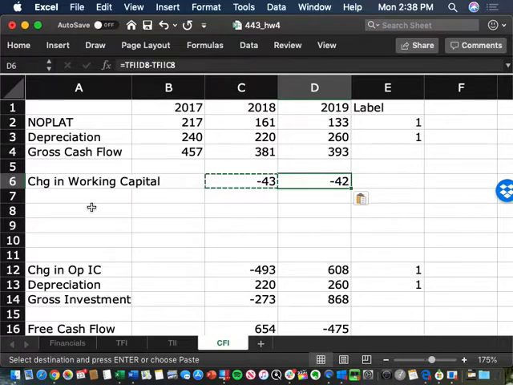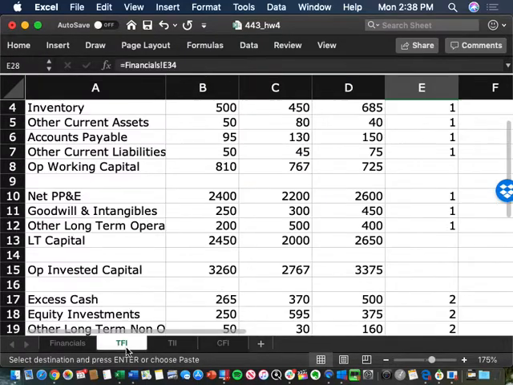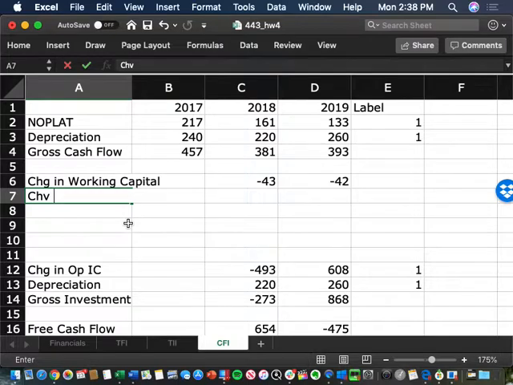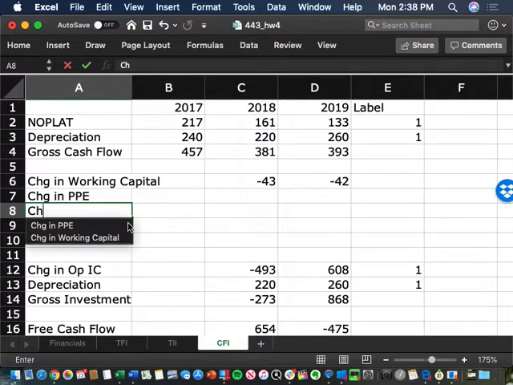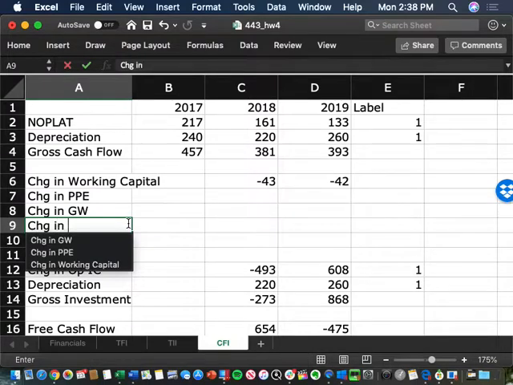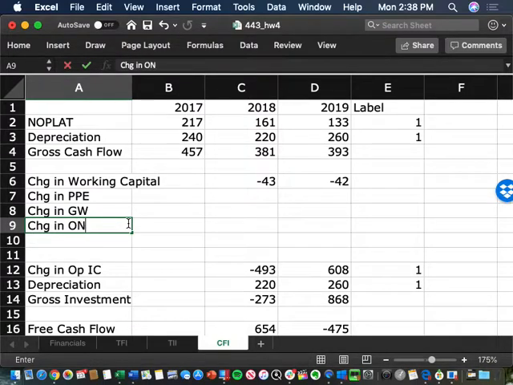Okay. Now, I then need to look at my other two: change in PP&E, change in goodwill, change in other non-operating long-term liabilities.